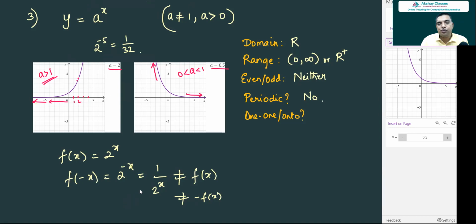Is it one-one or onto? Yes, it is one-one. Good. It is not onto. But suppose I define it like this: f maps R to R plus.